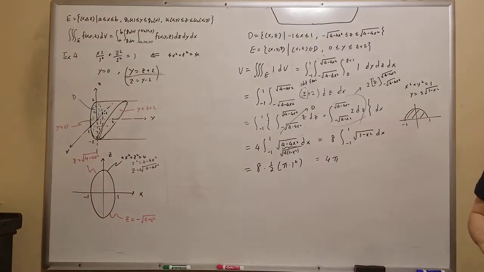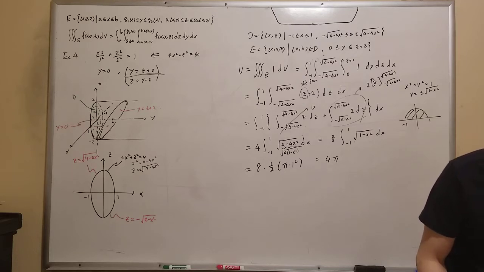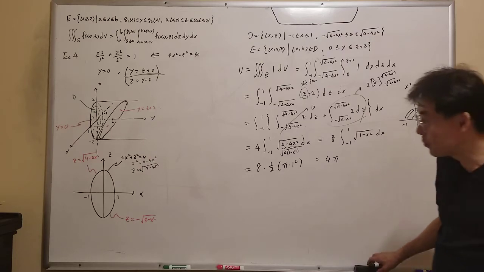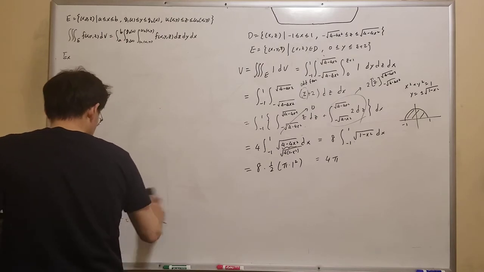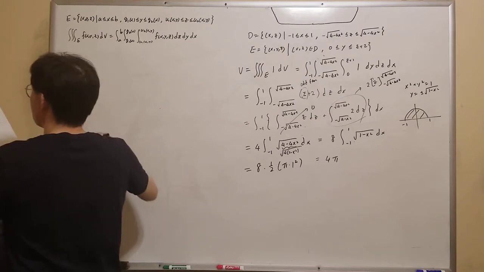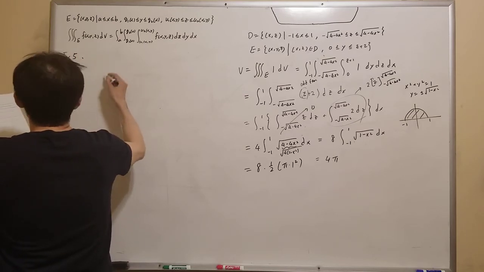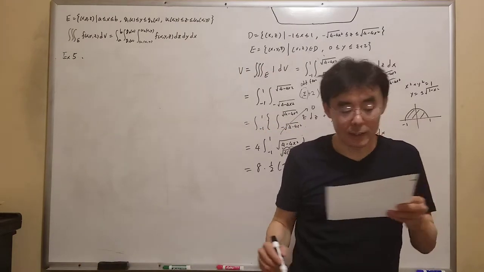Now, final example 5 is actually from page 881, number 34. All right? I chose a problem in the exercise as our last example of this section. Example 5. Sketch the solid over which the following triple integral is evaluated.